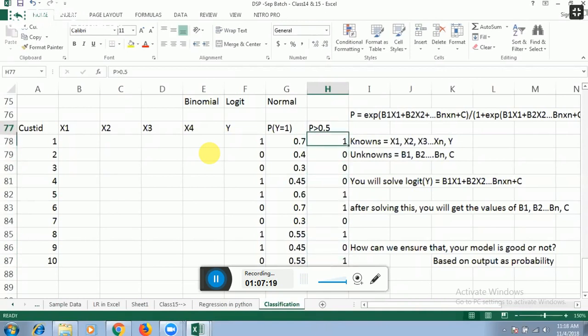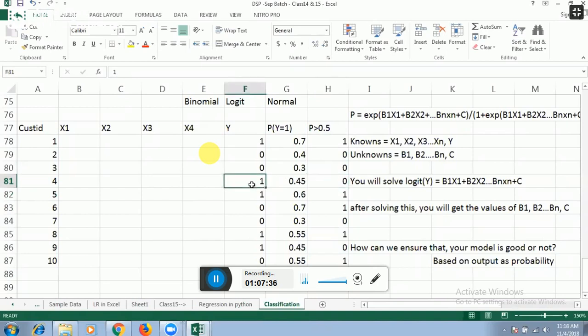Of course, the important thing is how to decide the cutoff, that we will talk about a little later. But at this time, think about if this is the cutoff you use and you got this output, based on that I can identify which customers are correctly predicted as 1, and which customers are wrongly predicted.